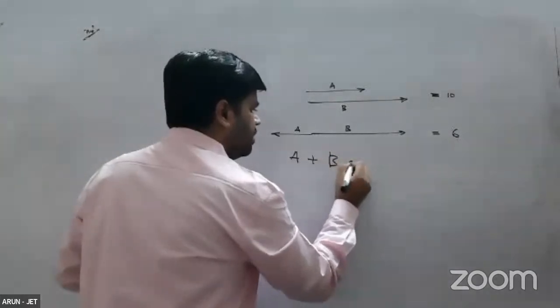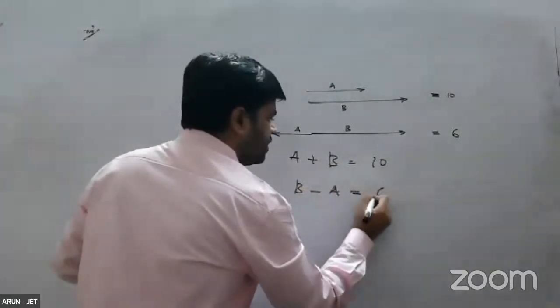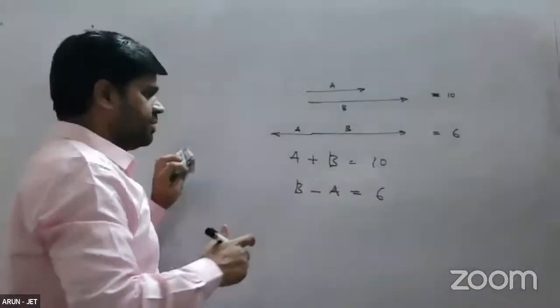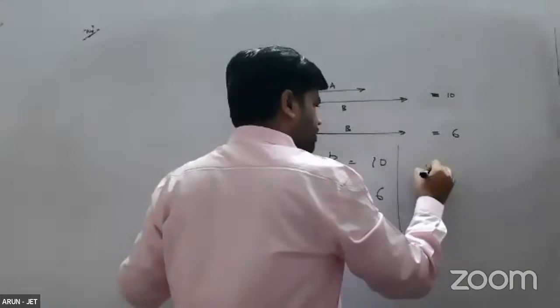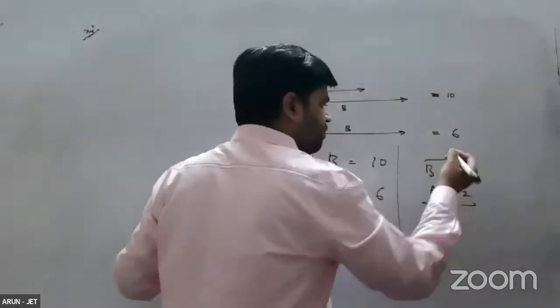A plus B is equal to 10, B minus A is equal to 6. B value is 8 and A value is 2. All right. Thank you. That's good. So B is equal to 8. A is equal to 2.